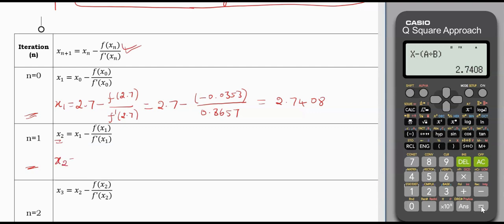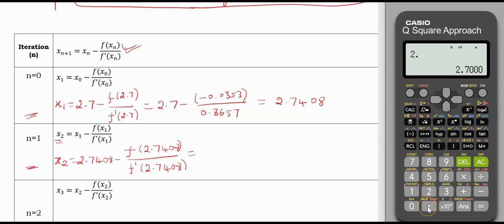So x2 is equal to x1 value 2.7408 minus f of 2.7408 divided by f dash of 2.7408, which is equal to, now in the calculator press calculation button, give x value 2.7408 and press equal.